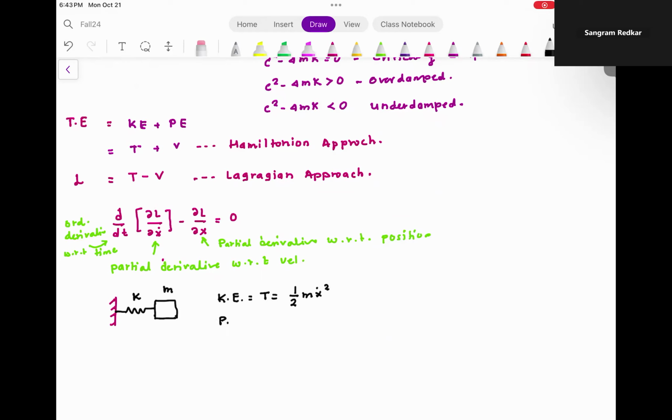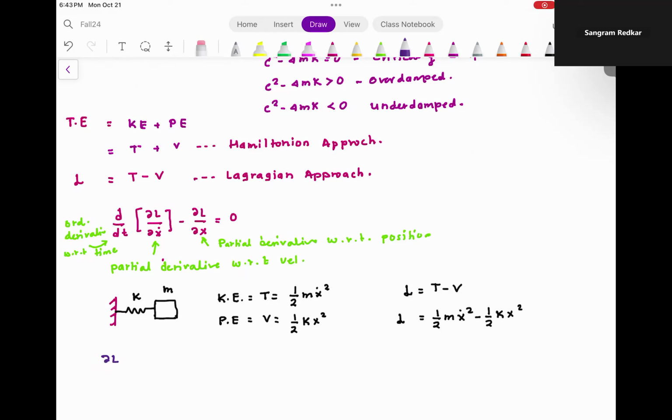Potential energy is V, which is 1/2 k times x square. Do you agree with me? Then I would form the Lagrangian. Lagrangian is T minus V. So T minus V is 1/2 m x dot square minus 1/2 k x square. You agree with me? For this problem, I'm going to find out these terms separately.